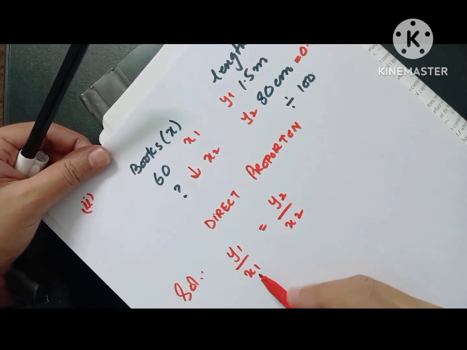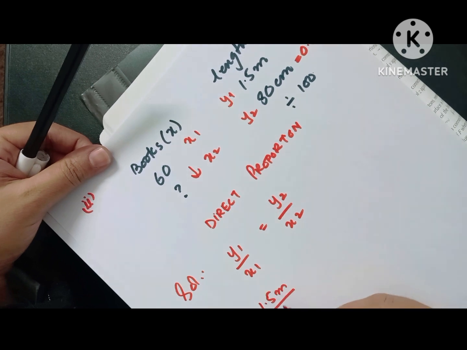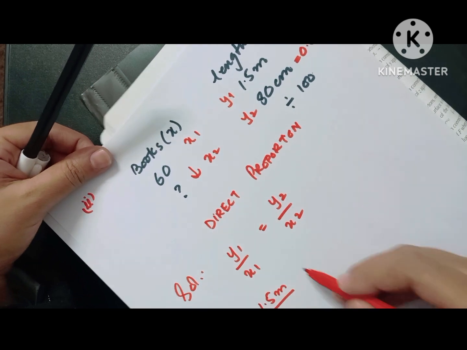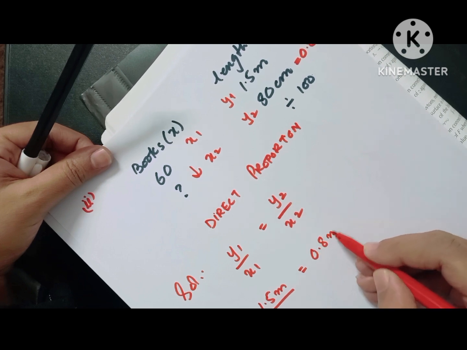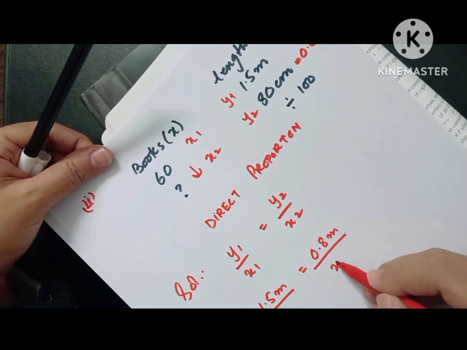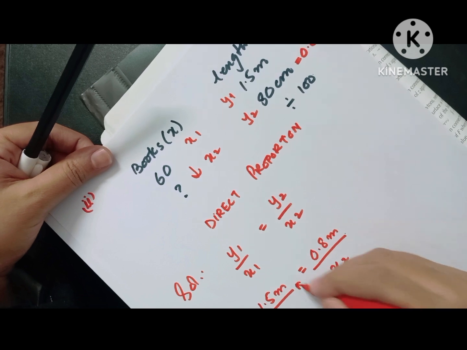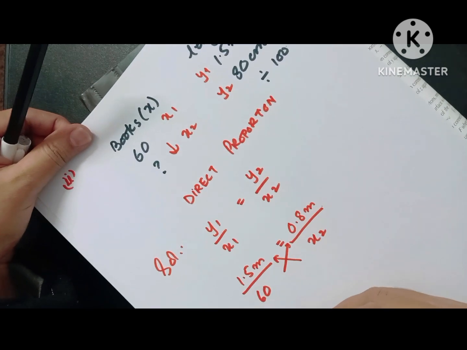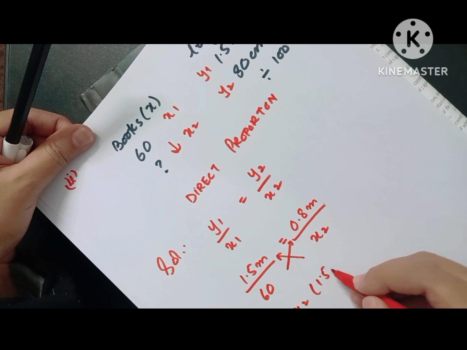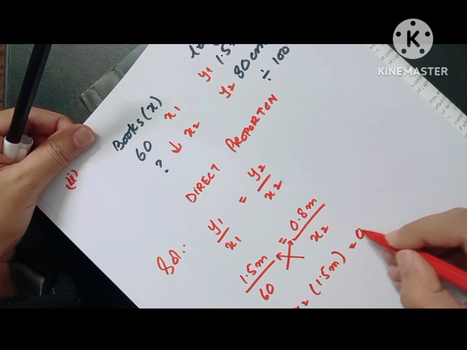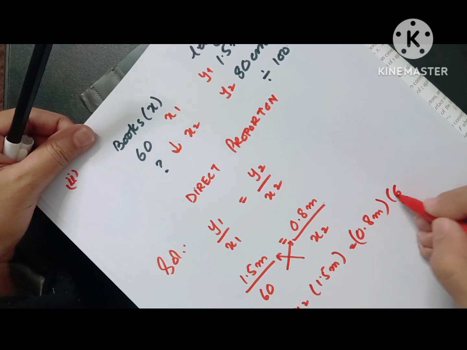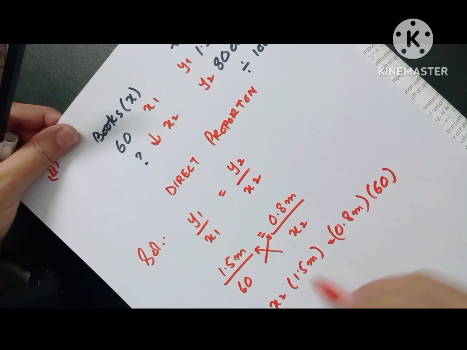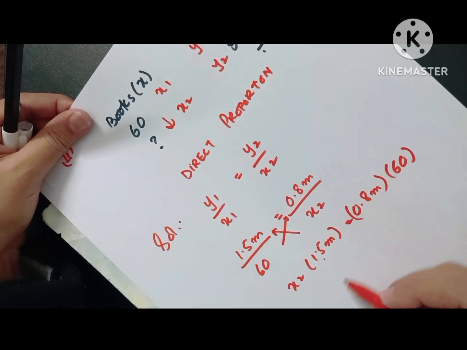So it will be y1 is 1.5 meter, x1 is 60 and y2 is 0.8 meter, and that divided by x2. Now the cross multiplication: it will be x2 into 1.5 meter and it will be 0.8 meter into 60. Then 1.5 will be shifted here.